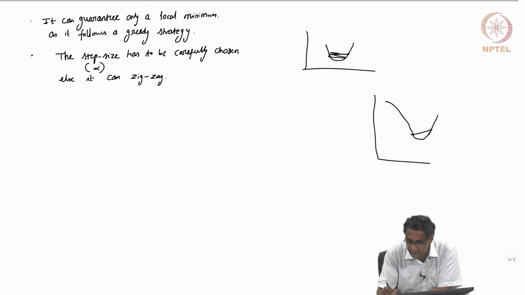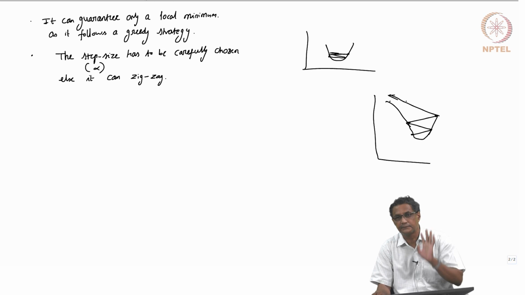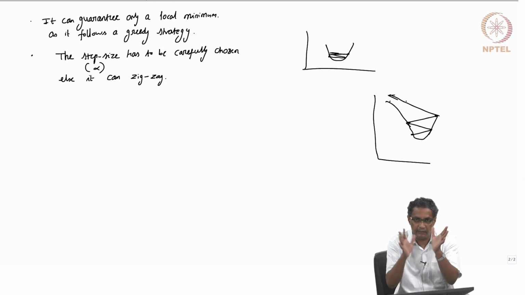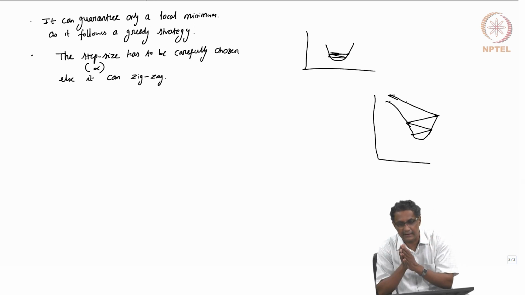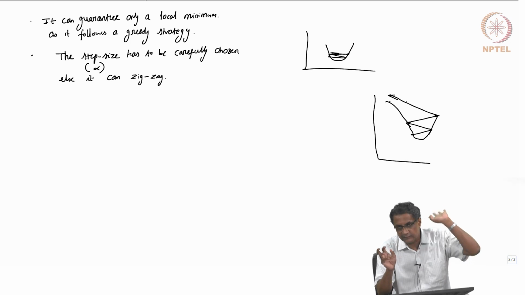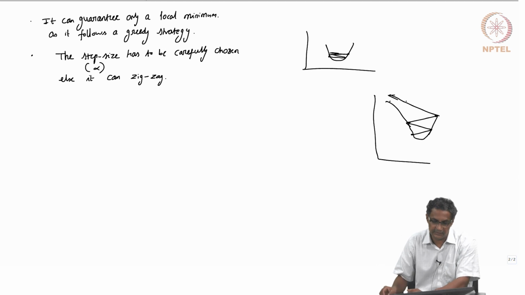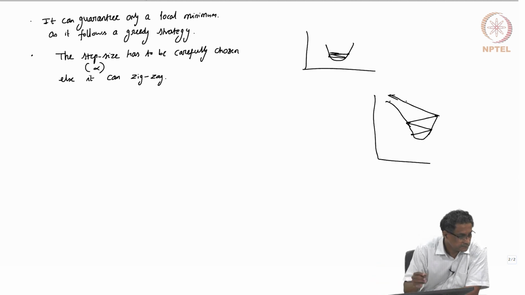Now if the slope here is higher, and because my alpha is still the same, I could end up being there, and then from there I might just go out completely. So zigzagging doesn't mean that you are contained within that basin. Even that is not guaranteed. The step size can be such that you keep oscillating, and then beyond a point you just go out. So all of that can happen. That's why the step size has to be carefully chosen.